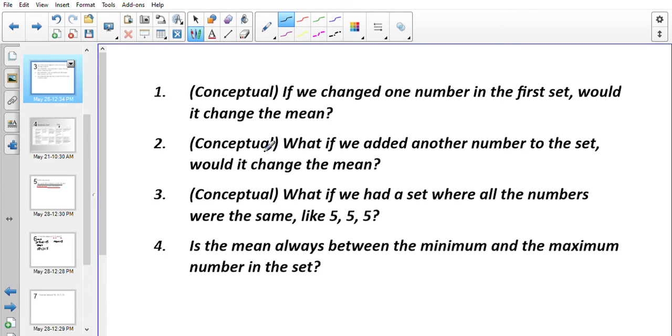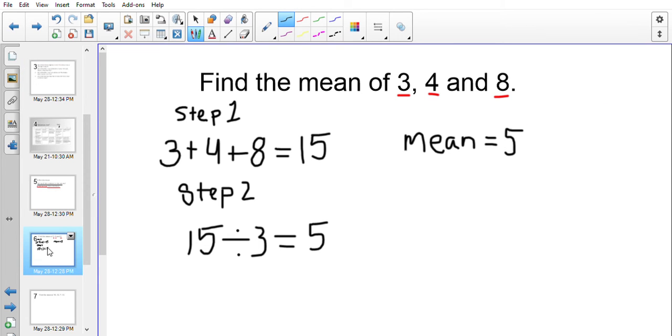Now let's think about some of these conceptual questions real quick that we started off with, right? I asked you, if we changed a number in the first set, would it change the mean? Well, let's think about that for a second. What if I change this 8 to a 10, right? So we had 3, 4, and 10. That would be 17.